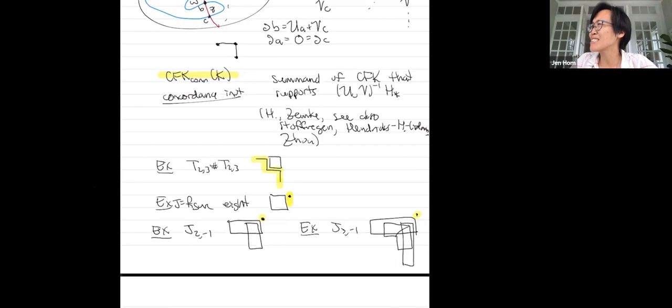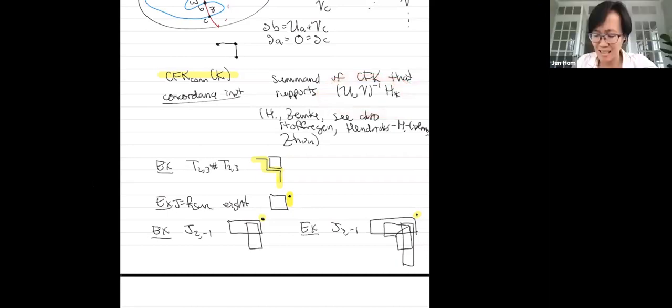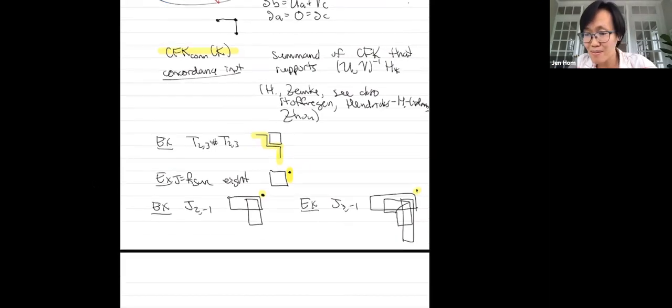It's all the stuff that's connected to this part here, is the way I think about it. It's connected by the differential to this localized homology here. Yeah, that's a good question.